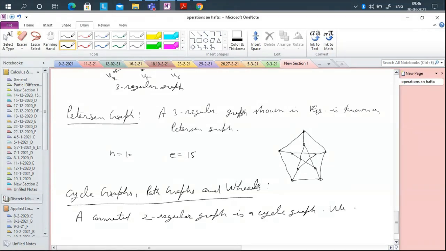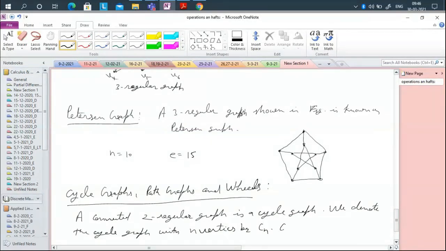We denote the cycle graph with n vertices by Cn.